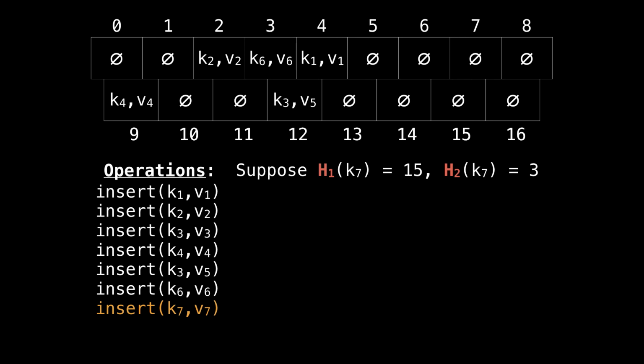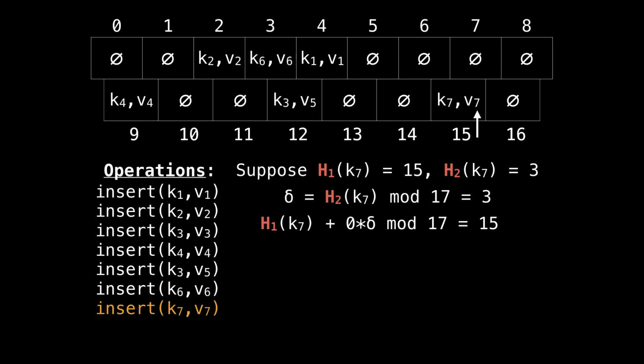So get rid of the old table and replace it with a new table. And let's finish inserting our last key value pair from before, which is k7. Now suppose h1 of k7 is equal to 15 and h2 of k7 is 3. Then our delta value is 3, and we're able to insert it at position 15.